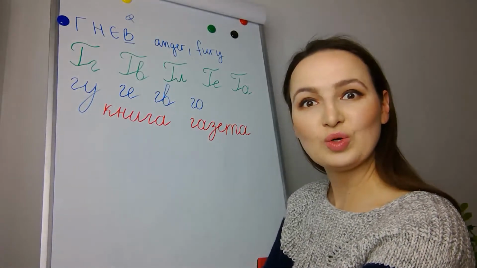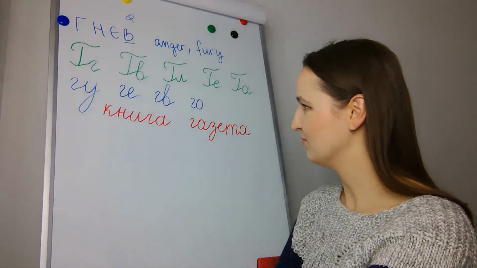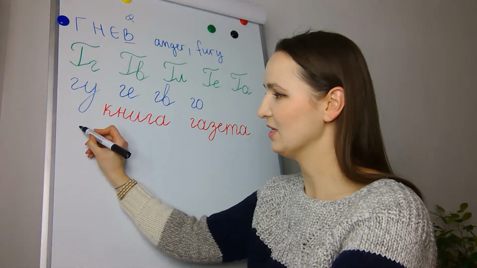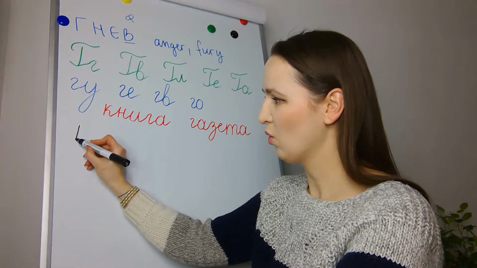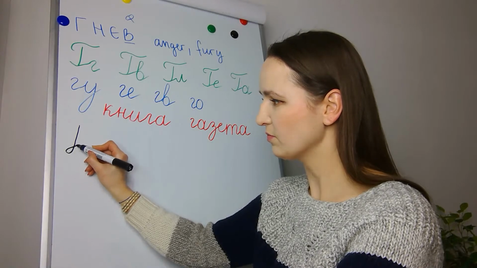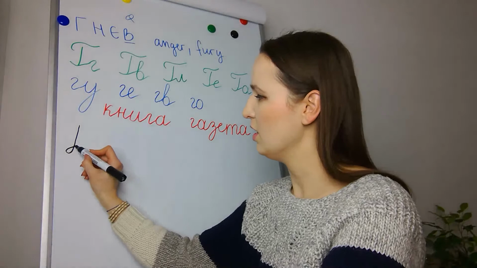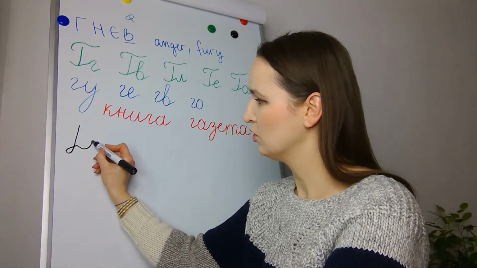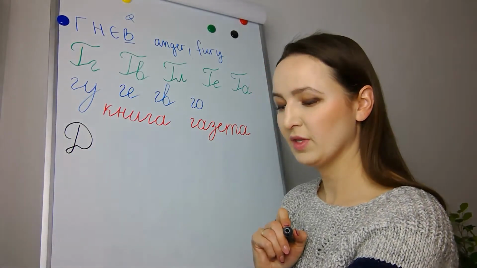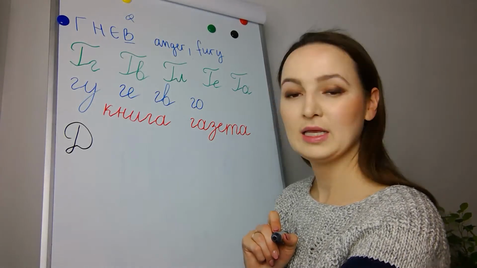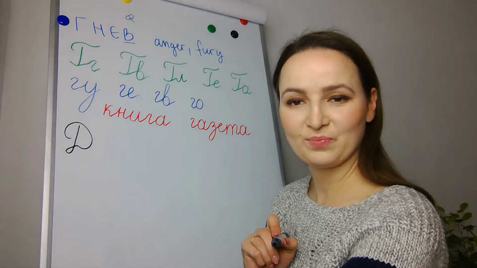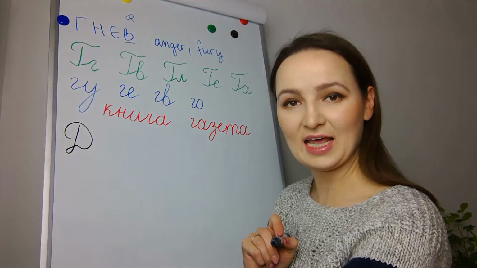Now let's continue with D letter. D. Давайте напишем. 1 and 2. D. Capital D letter.